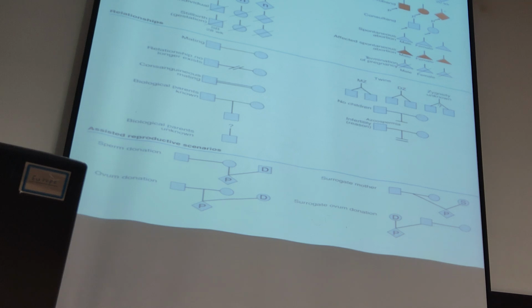Colored is affected, not colored is healthy, normal. The horizontal line means married. A vertical line is a son or daughter, and of course they can be siblings also, joined by a horizontal line. Any more?